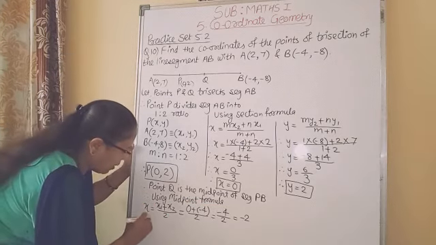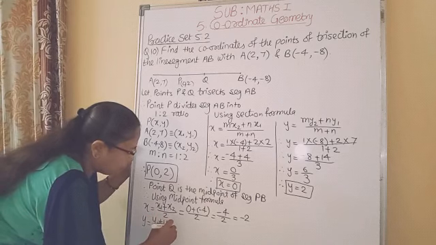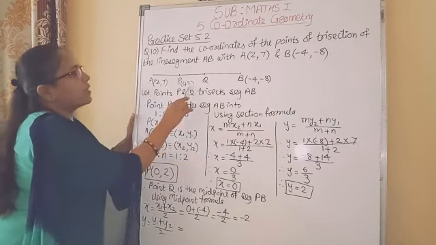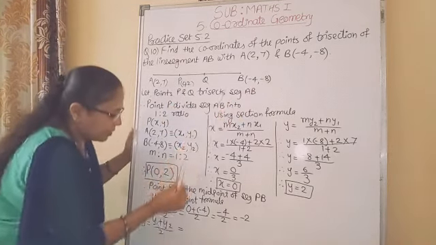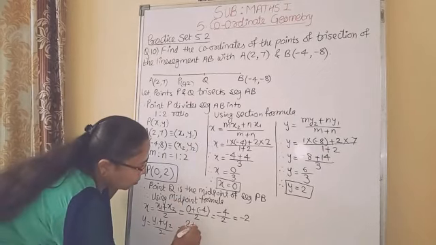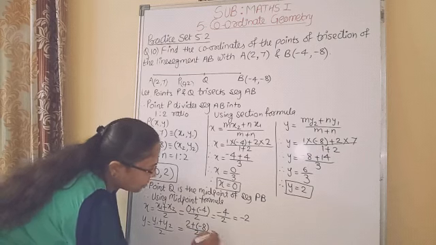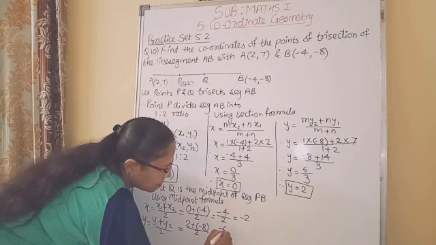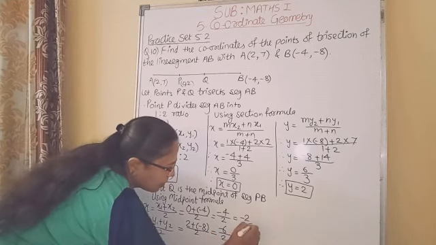Same way we will find the y coordinate. (y1 plus y2) upon 2. Now here y1 is 2 and y2 is minus 8. So 2 plus minus 8 is minus 6, upon 2 is equal to minus 3.